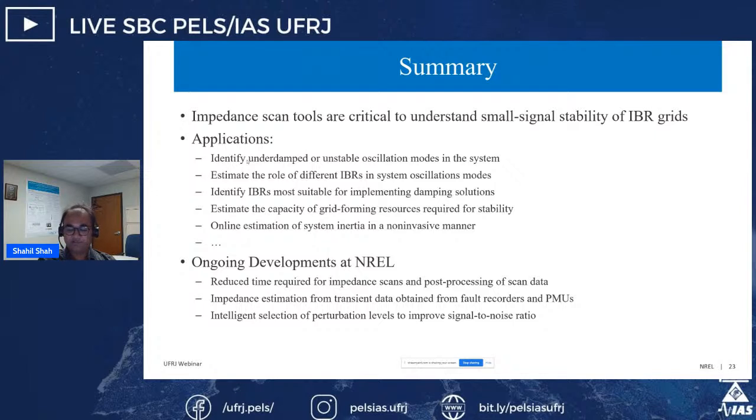Now, if you have to do it at multiple frequencies, then just to perform one impedance scan can take a really long time. If you're doing it at low frequencies, like less than 1 hertz or less than 3 or 4 hertz, a decent impedance scan takes around half a day.